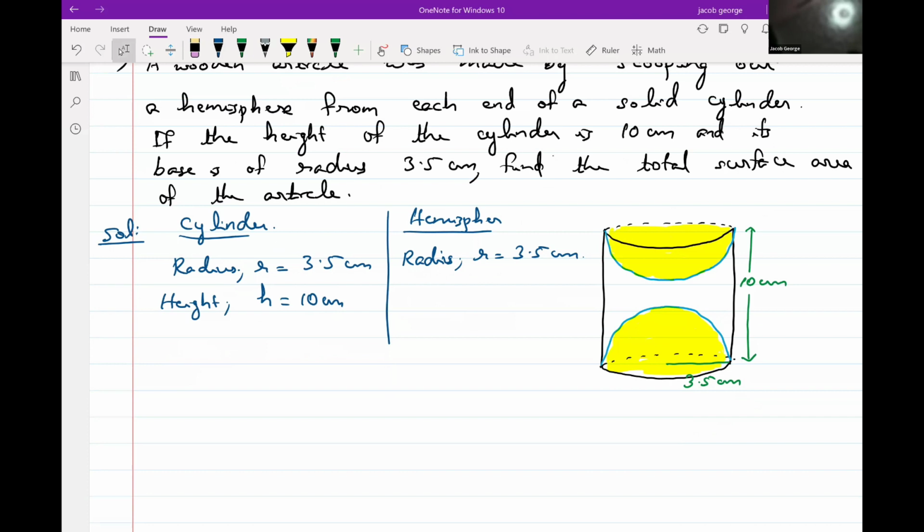Now we are going to find out the surface area of the article. So total surface area of the article is equal to CSA of cylinder plus CSA of two hemispheres.